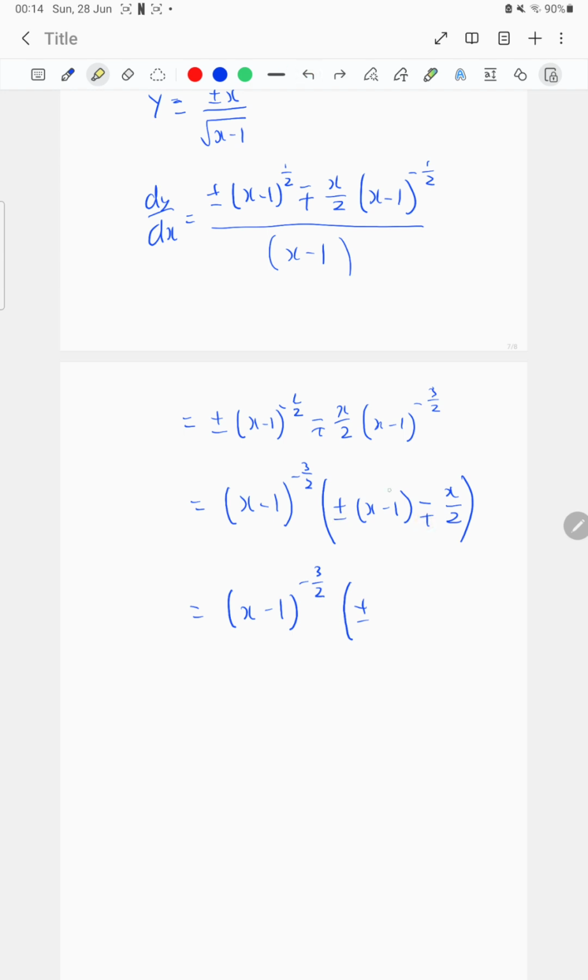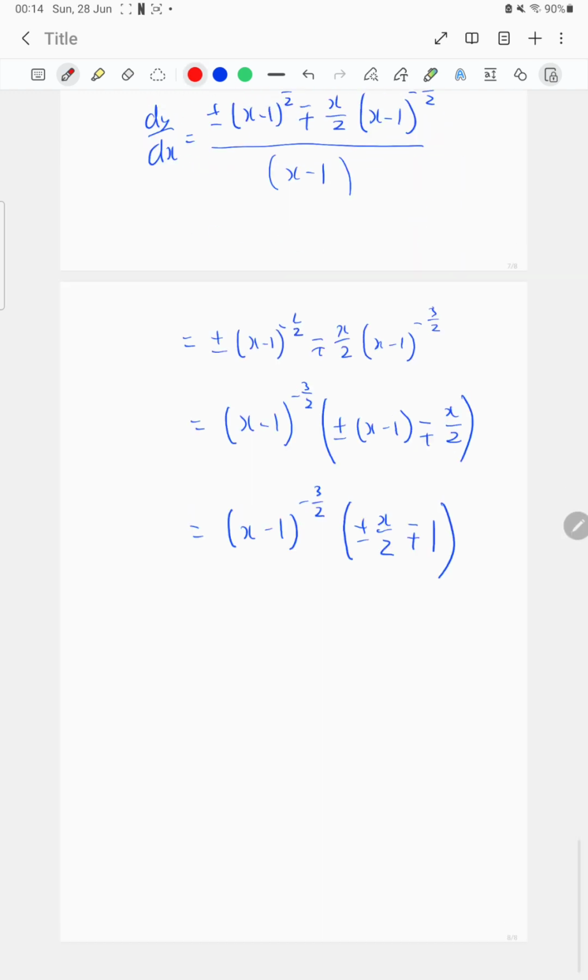So we can just put plus or minus. So x plus x minus x over 2, that is plus x over 2. Okay, so the minus 1 stays the same, but on the bottom it is minus, so here must be plus. Okay, now the first step is done. Let's do the second step.